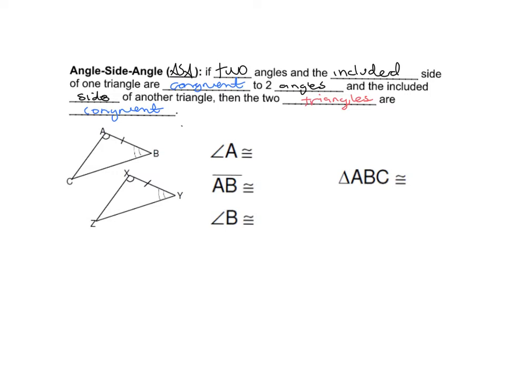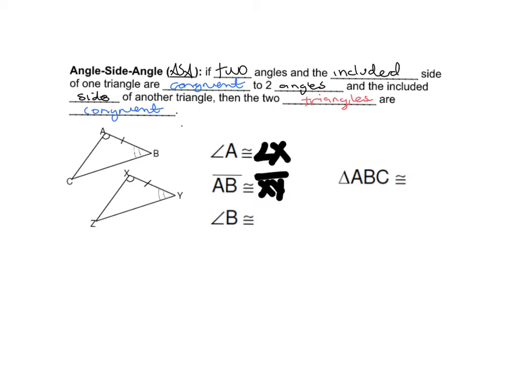So as you can see here in this picture that we have triangle ABC and triangle XYZ, and they're showing us some congruency items. So we're going to go ahead and write these down and match them up. So we have that angle A is going to be congruent to angle X. We have the included side of segment AB would be congruent to the included side XY.